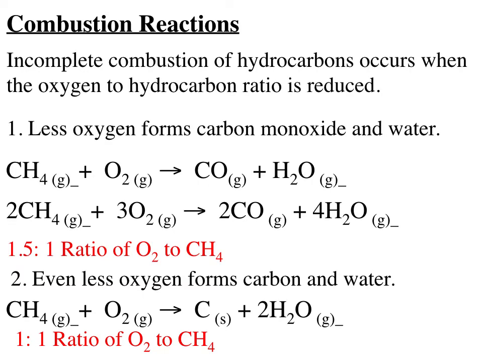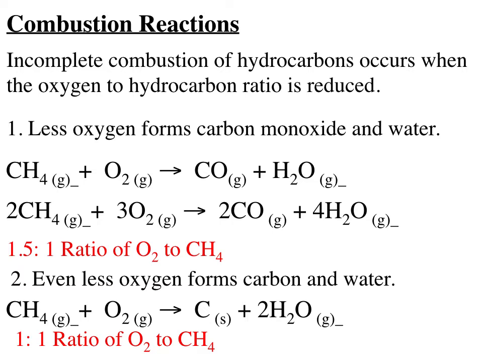In addition to complete combustion of a hydrocarbon, I want you to be able to recognize two forms of incomplete combustion of hydrocarbons. So there is one complete combustion form. There are two incomplete combustion forms for hydrocarbons. In both cases, the ratio of oxygen to fuel has been lowered.